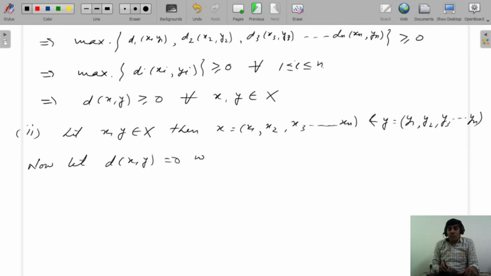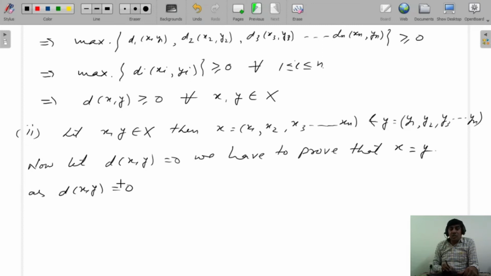We have to prove that x is equal to y. As dxy is equal to 0, this implies maximum of di(xi, yi), i varies from 1 to n, is also equal to 0.